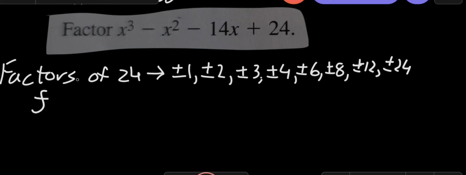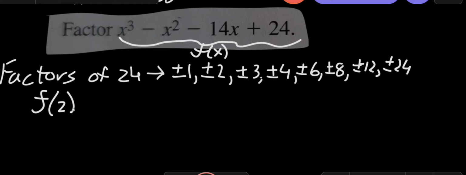So first of all, we're going to call all of this f of x or g of x or p of x, or whatever you want. What we're going to do is try f of 2. We show our work. So that's 2 cubed minus 2 squared. I know what I said, that when you're replacing an x with a value, enclose that value in parentheses and then the exponent outside. However, the value that I'm replacing x with is a positive value, so it's fine if you don't do it.